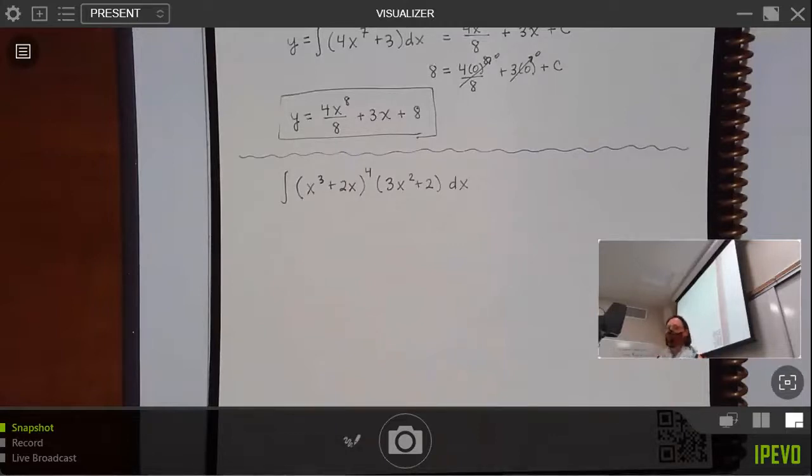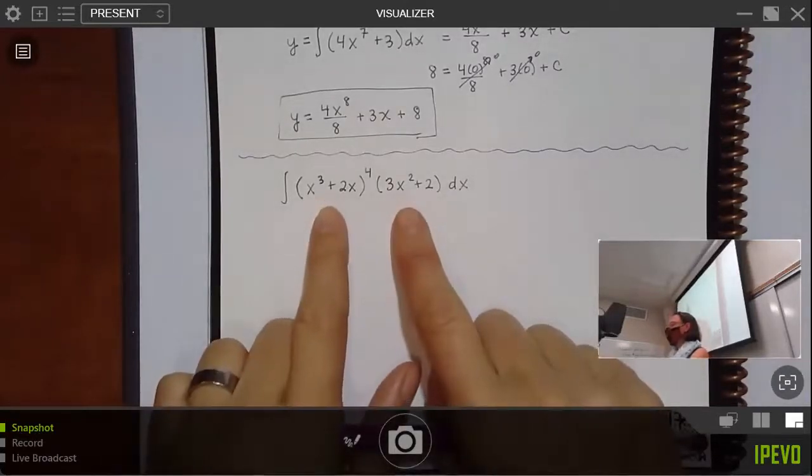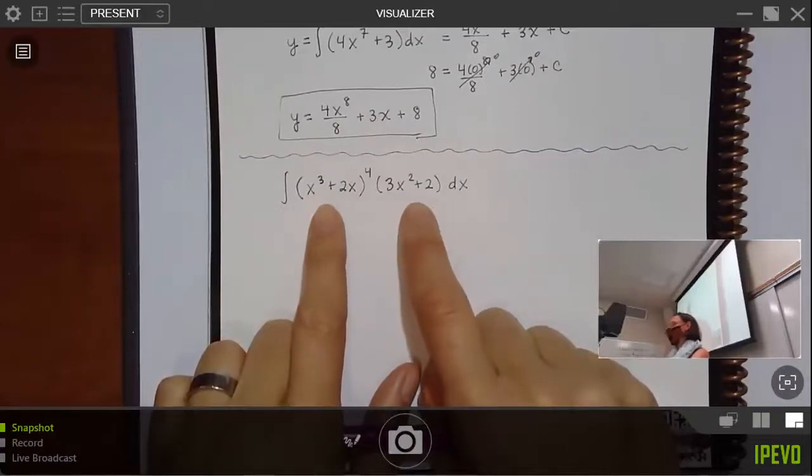So I'm putting that in the broad category of algebra. And if it's algebra, the next question I'm going to ask myself is, does the derivative of one part equal the other part? What I mean here is there are two pieces, but one part of this is the derivative of the other part.